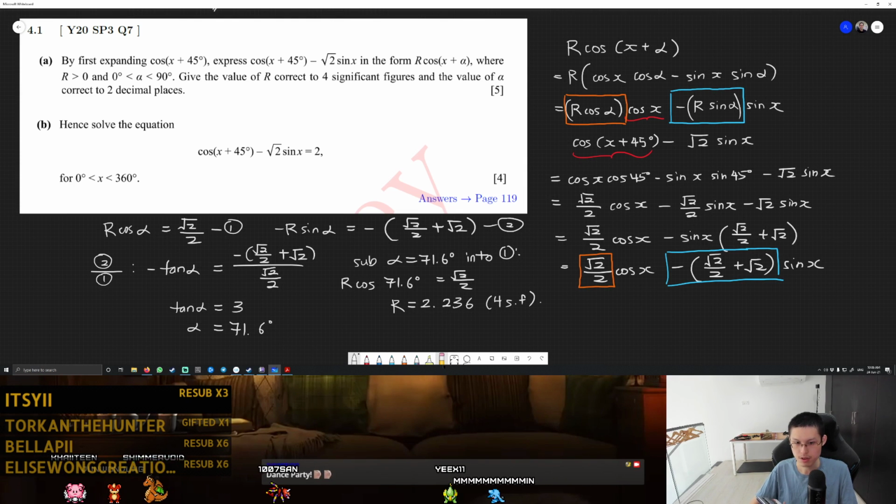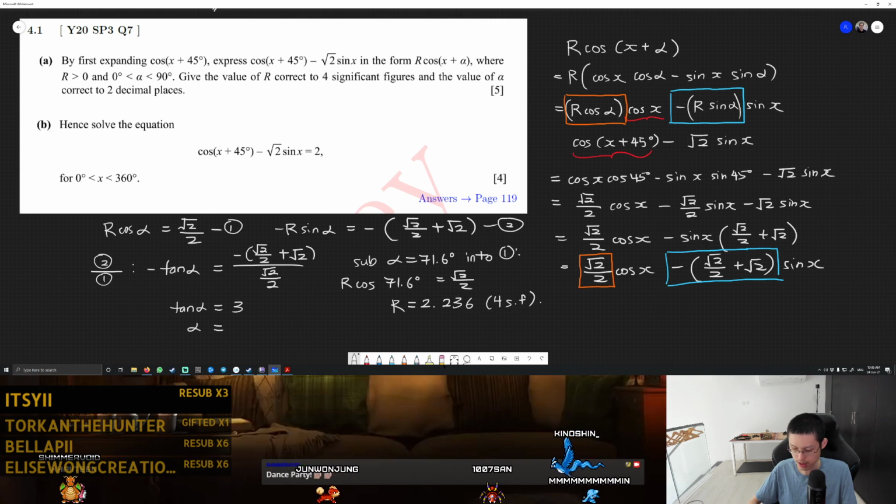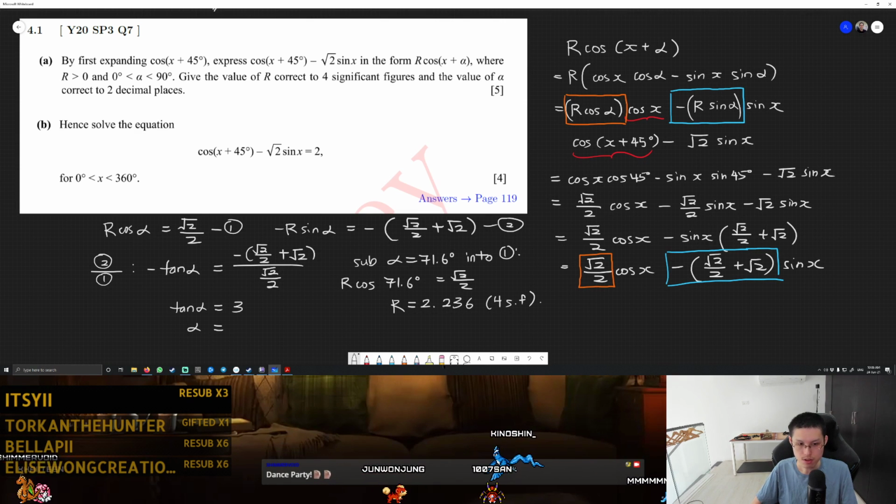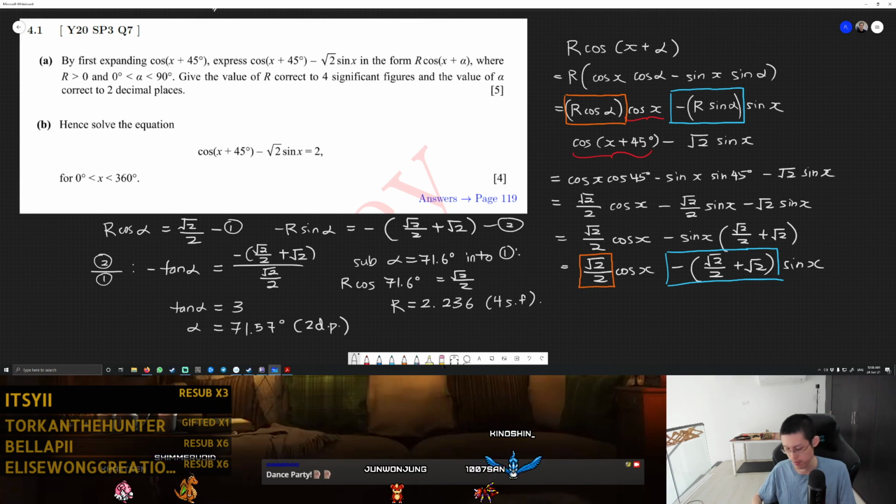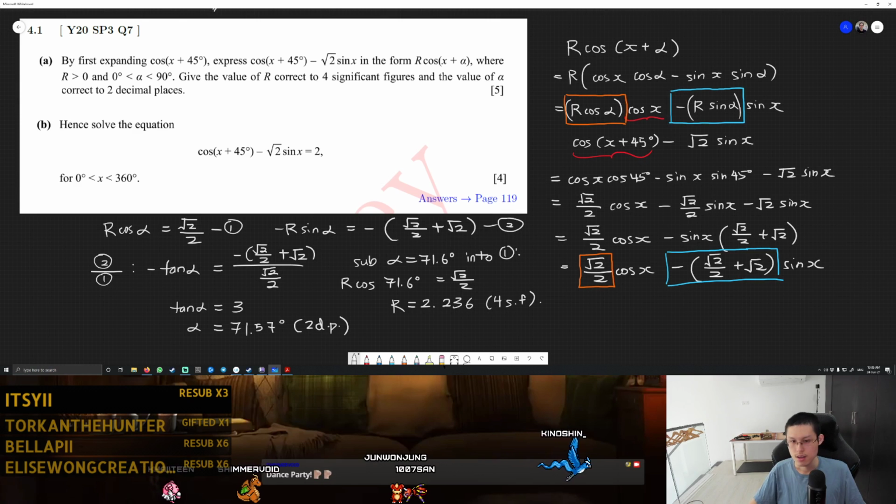This should be 2 SF actually. Oh, 2 decimal places. Oh, whoops, this should be 2 decimal places. My bad. Hang on. Arctangent 3. So this should be 71.57. There. Okay, so that should be your answer.